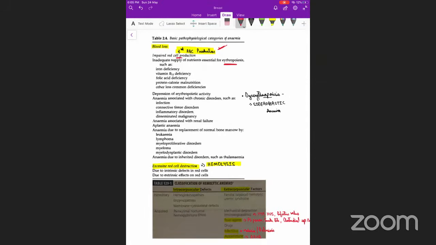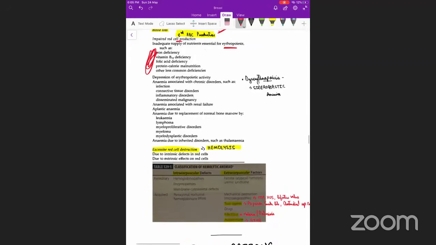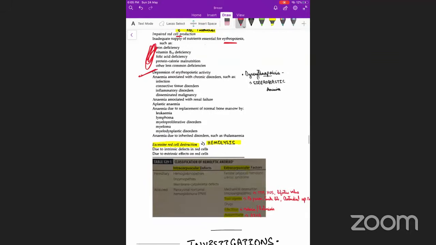Why? We saw it in our initial chart that iron, vitamin B12, erythropoietin, or folic acid, all these things act as factors that drive the erythropoiesis. So deficiency of these causes impaired red cell production, or depression of erythropoietic activity because of other secondary disorders like inflammatory disorders, malignancy, connective tissue disorders, or infection.